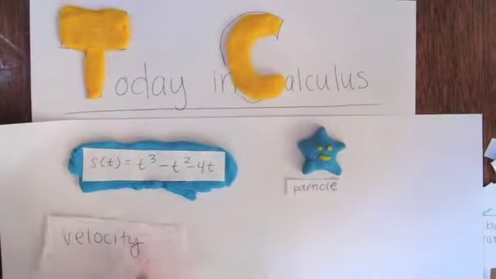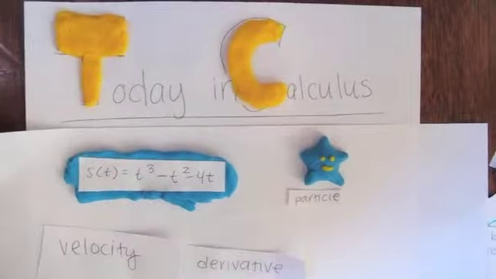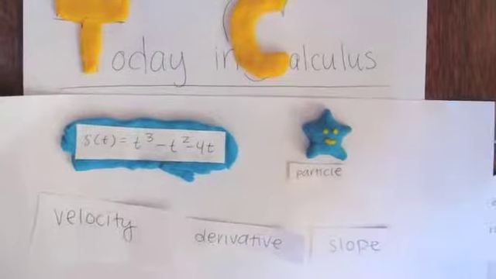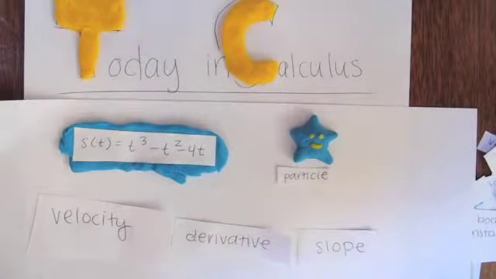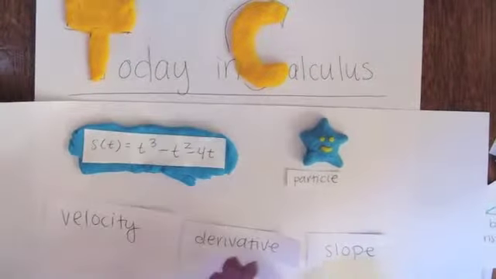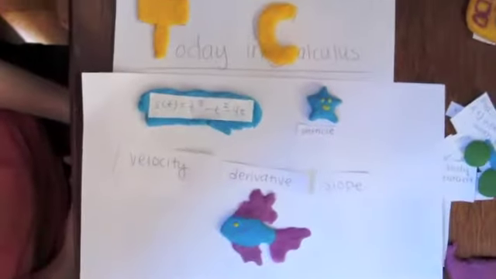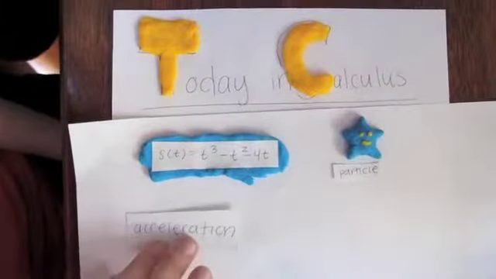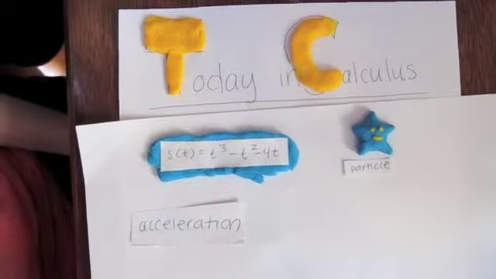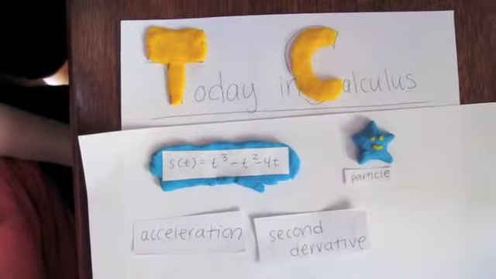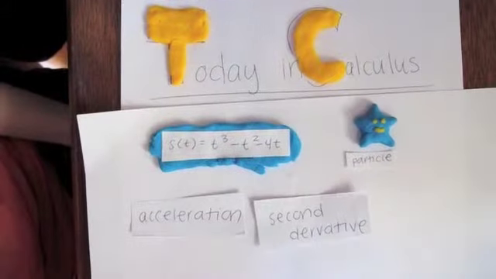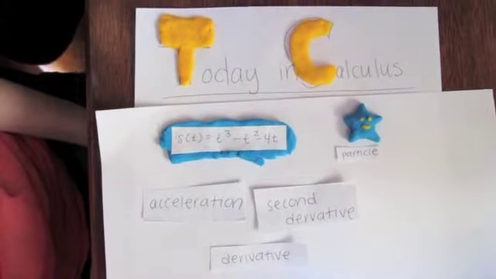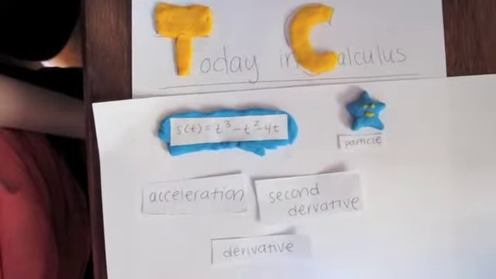The velocity would be the derivative, otherwise known as the instantaneous rate of change, otherwise known as the slope, of that position equation. And the acceleration is the second derivative of the position graph, and it is the derivative of the velocity graph.